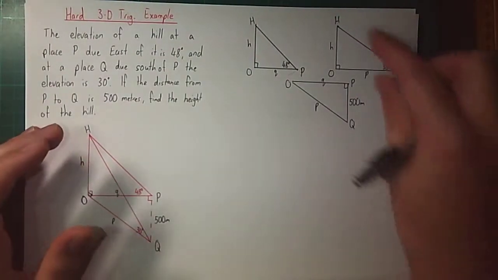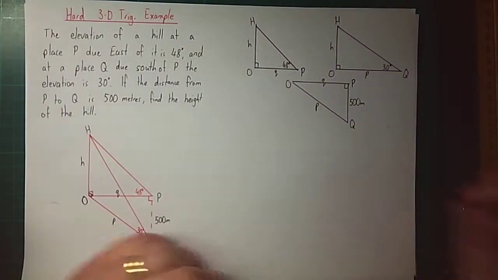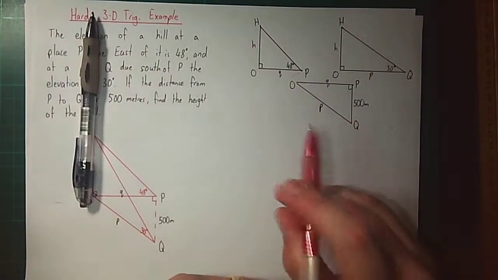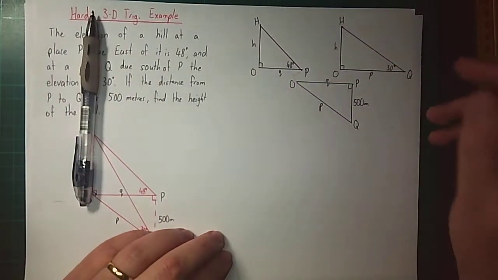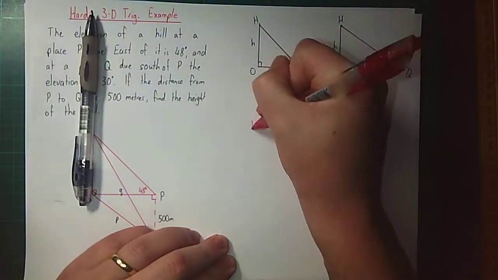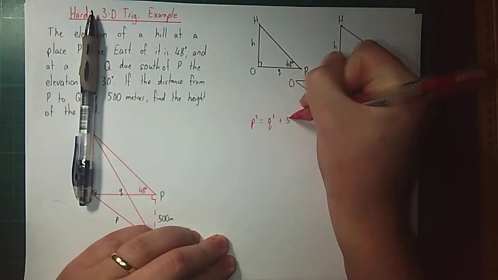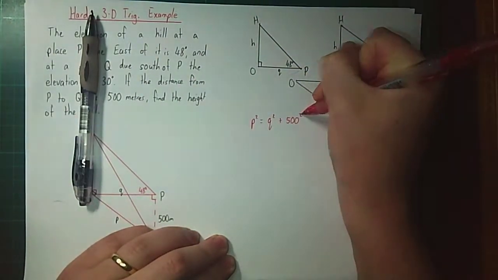So we have to solve all these triangles simultaneously, and that's what makes this question a bit difficult. We can get our P and Q value if we use Pythagoras for this triangle. So P squared is going to equal Q squared plus 500 squared.